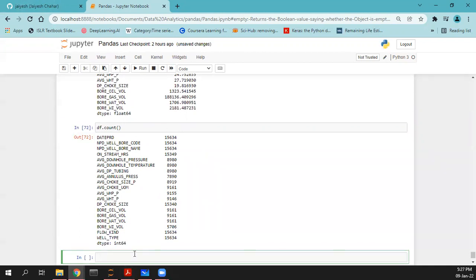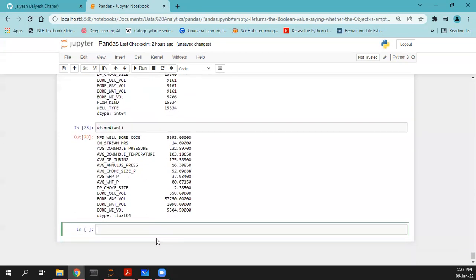The next function is df.median. Again, median is also a measure of central tendency, just like mean. If you have studied mean, median, mode in high school, then you will know. But one difference between mean and median is that if you have some outliers in your data, which are basically some very large or very small points, your mean will be highly affected by these outliers.